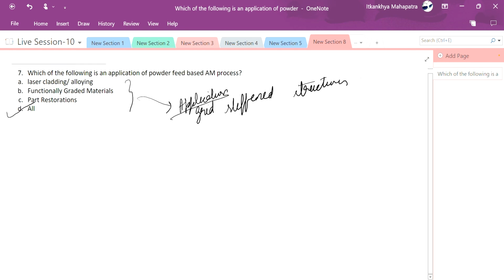Laser cladding is done to modify the properties of the base material surface using a similar or dissimilar material.